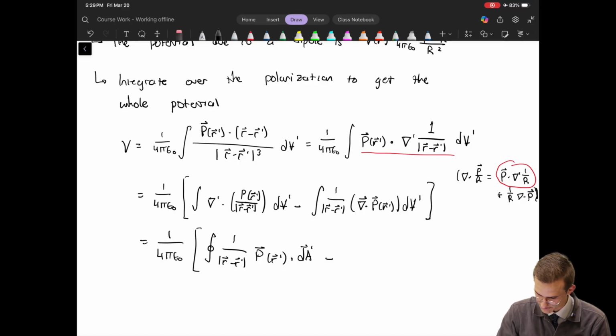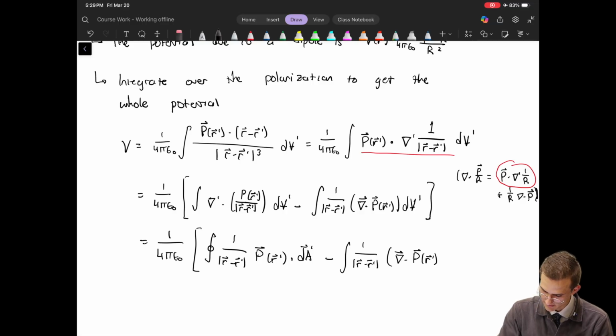And then we're leaving that second term as it is, the minus 1 over the magnitude of R minus R prime times the divergence of P of R prime, integrated over dV prime.